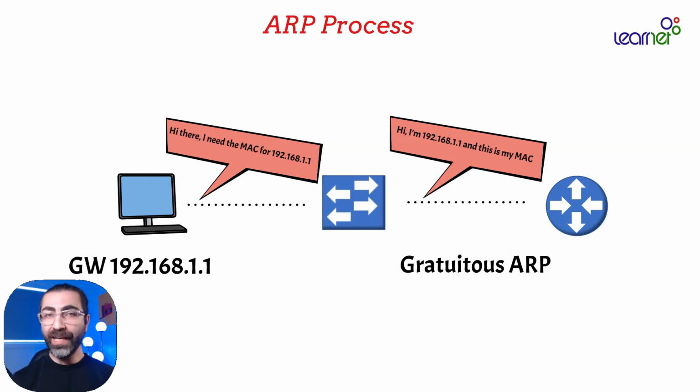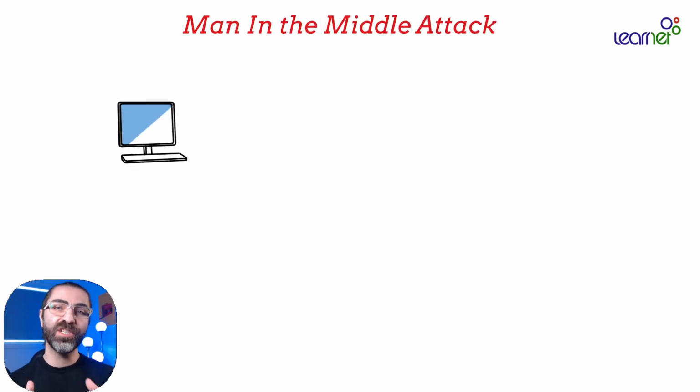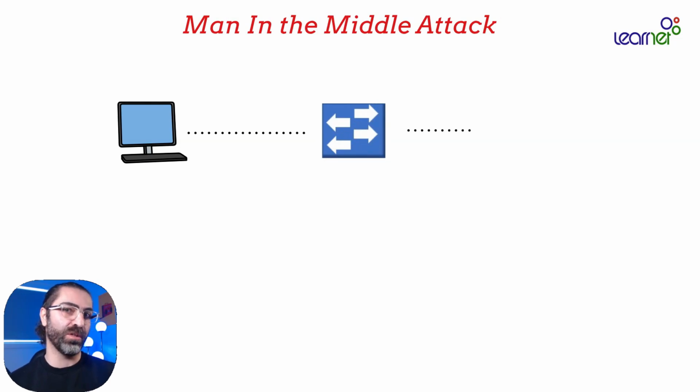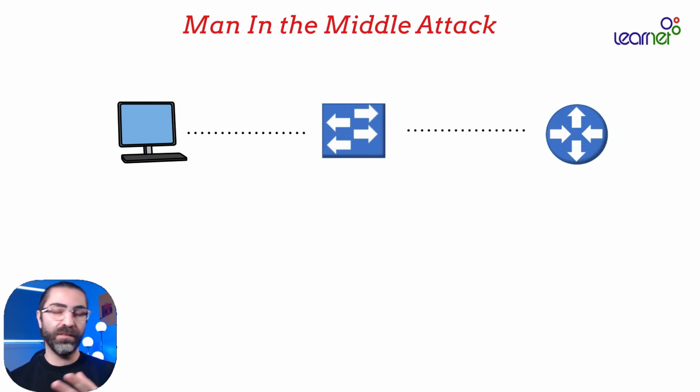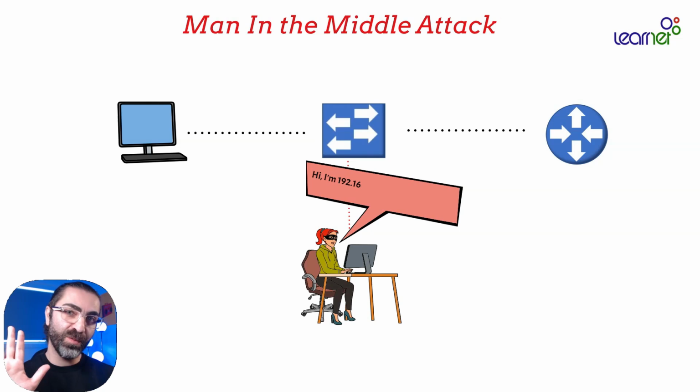Hackers can take advantage of this process and send a gratuitous ARP to all devices in the network and spoof the gateway MAC address, for example, or any destination whose traffic they want to intercept. In this scenario, the hacker takes the gateway address and sends a gratuitous ARP to everyone: hey, I'm 192.168.1.1 and here is my MAC address.